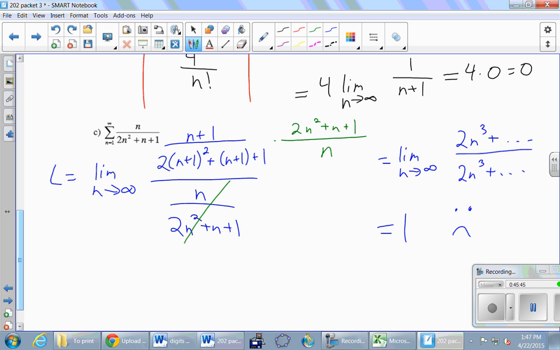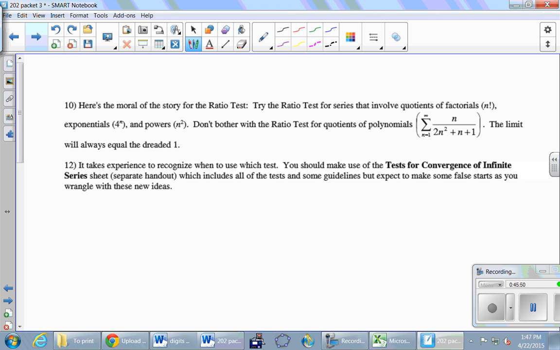Okay, on the next page is our conclusions. Who are our readers? Cameron, can you read number 10? Okay, so this is supposed to help us.